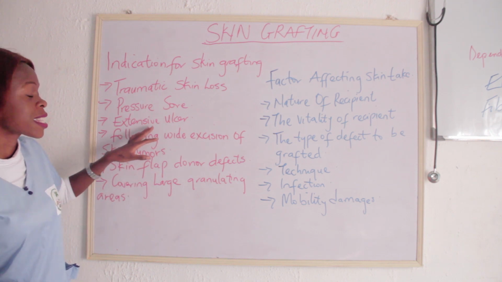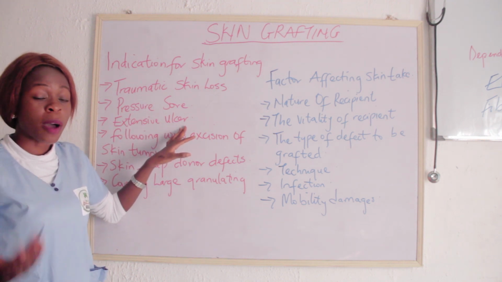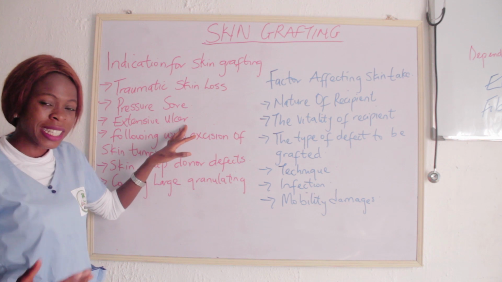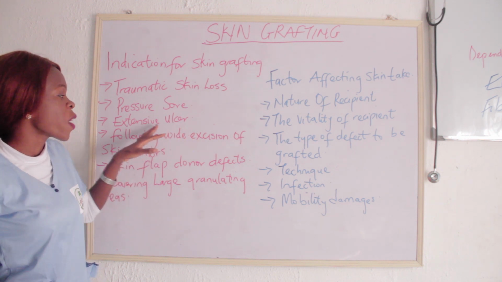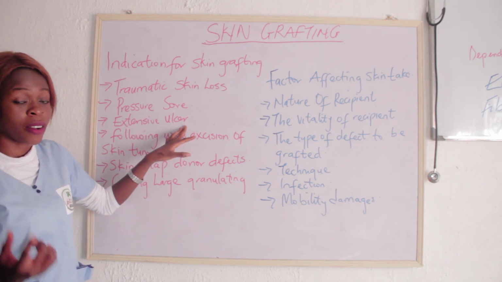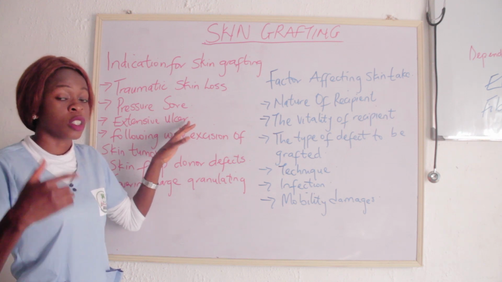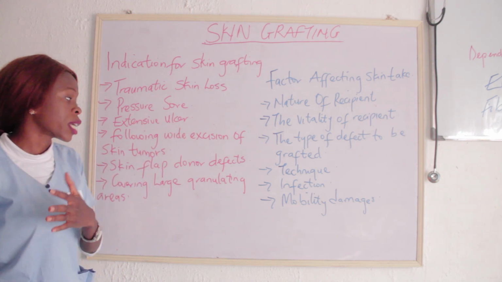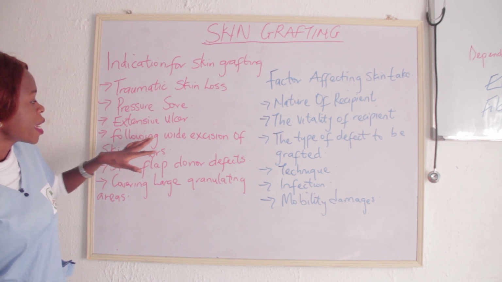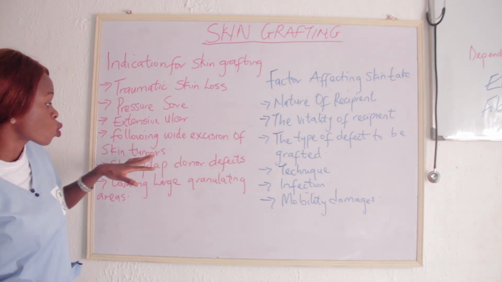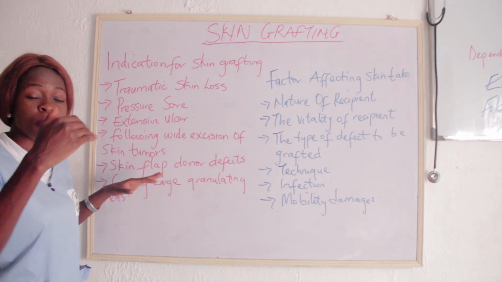Then we have extensive ulcer. It could be diabetic ulcer, foot ulcer, depending on what we are saying. So when you have extensive ulcer, skin grafting is very important to ensure proper wound healing. Then we have following wide excision of skin tumor. That's excision, to remove a skin tumor.